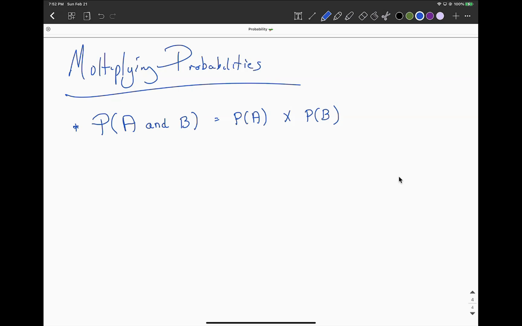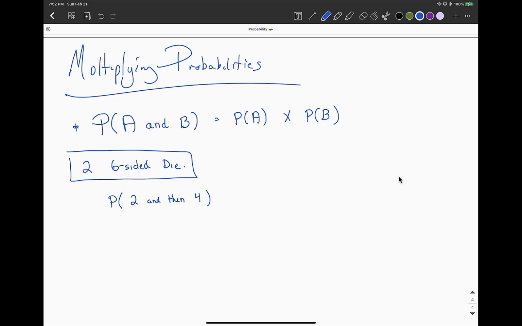Now, because we can leave sample spaces out of it, we could answer certain questions. Let's say I have two 6-sided dice. I could pretty quickly ask, what is the probability of rolling a 2 on one die, and then rolling a 4 on the other die.